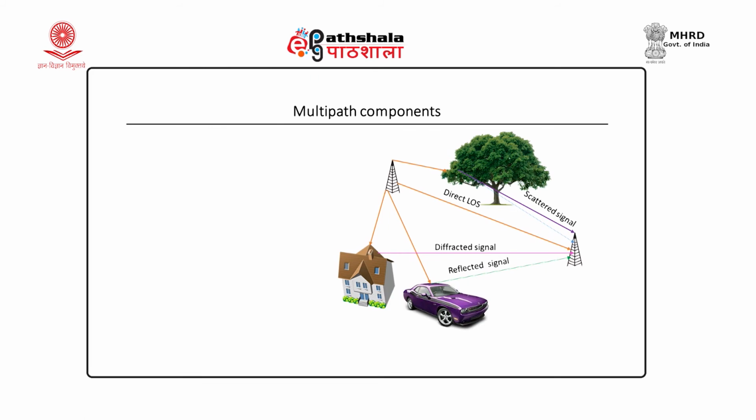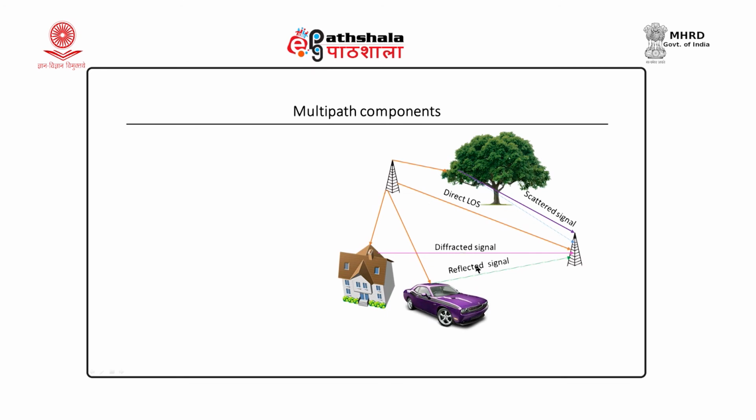So, you can see that from the transmitter the signal reached the tree, got scattered from the foliage and then reached the receiver. Similarly, one signal reached by direct line of sight, another got diffracted by the edge of the building and then reached there, and another got reflected by the metal surface of the car and then reached there.